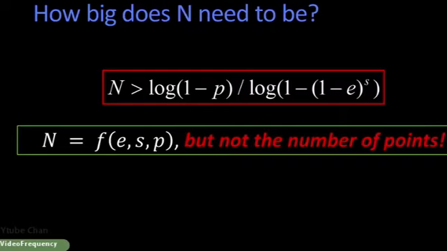It only has to do with the percentage of wrong ones and the size of the minimal set and how sure you want to be that you got there. So that's really great, because that means that the whole algorithm is pretty size invariant with respect to the number of matches and the number of hypothesized points that you have. And that actually is part of the reason that it works so well.